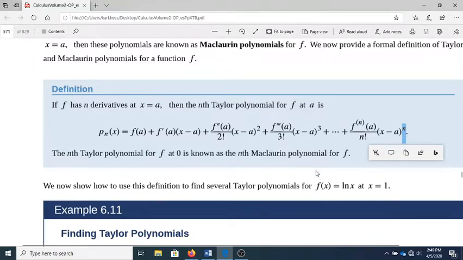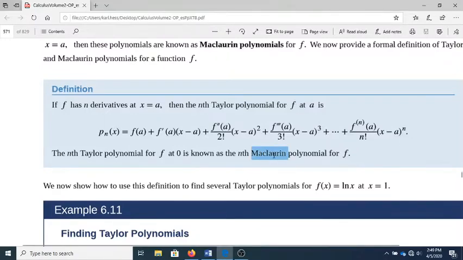And you could think of that finite polynomial as being a partial sum that should be an approximation for the entire Taylor series. Now the reason we talk about Taylor polynomials is because if I want to actually use a Taylor series to get values of a function, I really need to take just a finite number of terms, so therefore a Taylor polynomial, and use that for my approximation. Okay.